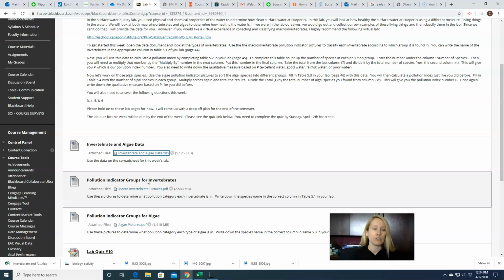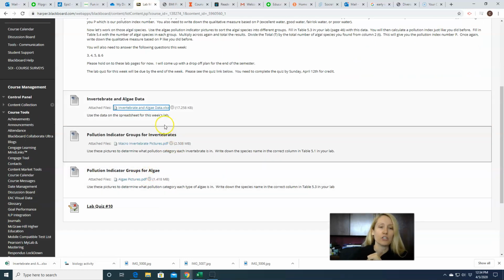Those groupings have to do with pollution tolerance. Some macros are very, very sensitive to pollution. If we have too many nitrates or too many phosphates, or other types of contaminants in the water, they're not going to be able to survive, so you won't find them there. And then there are other macros that are much less picky. They'll live just about anywhere they can find water. So they're very pollution tolerant.